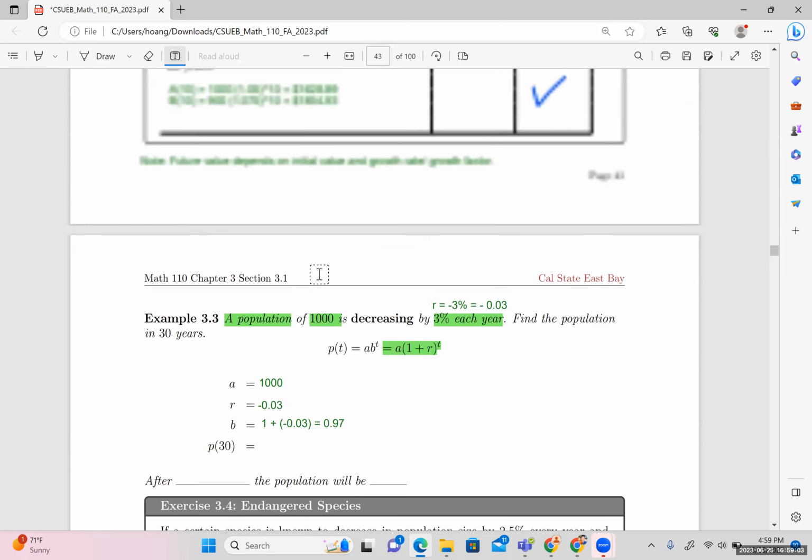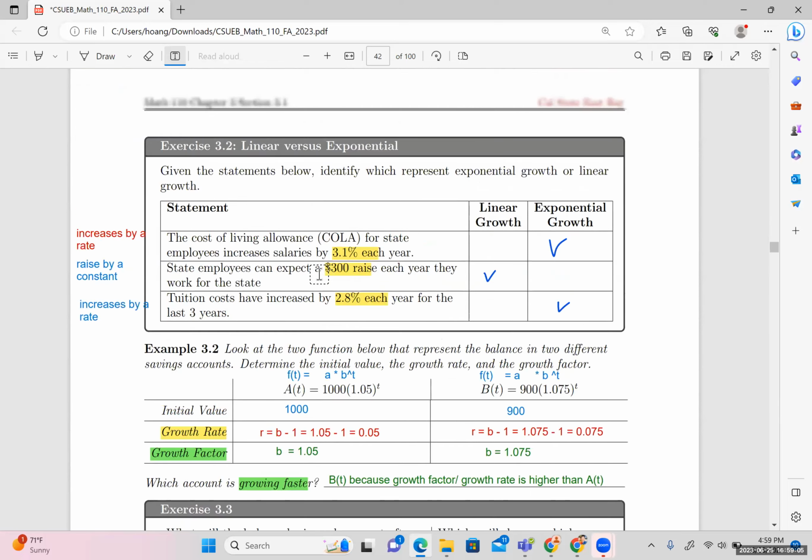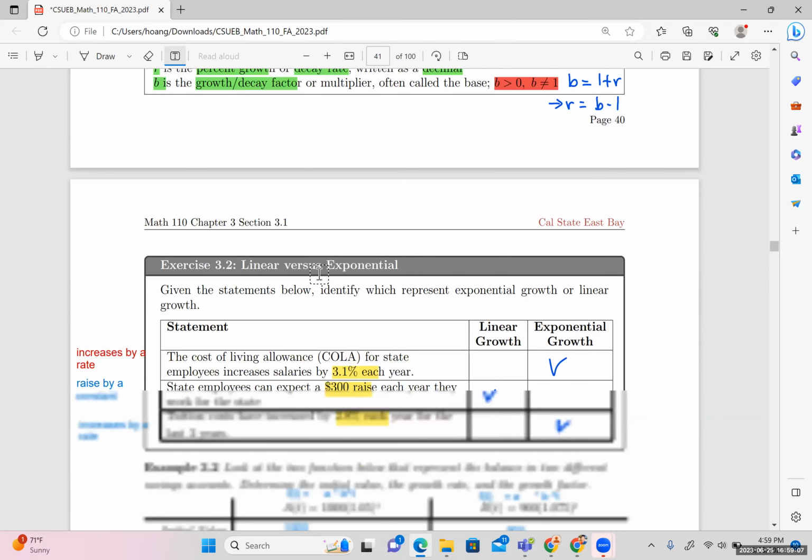Let me check my base again. One second. Okay, good.